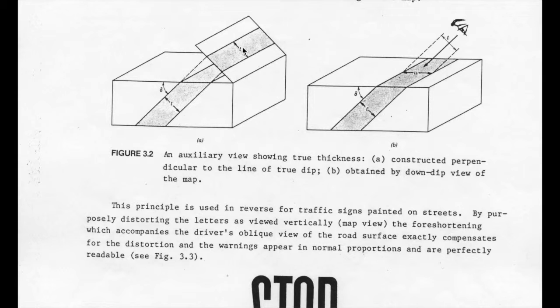What you'll see is this, and that thickness you see is really the true thickness. So when you're in the field or looking at a map, you can align yourself in such a way that, in most cases it won't work for horizontal or near horizontal, but you can align yourself so that you could sort of see the real thickness.